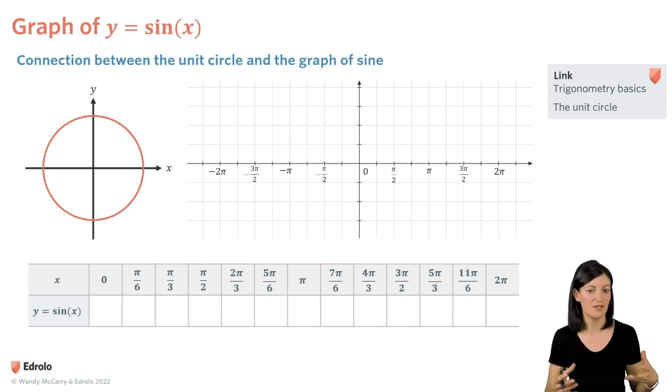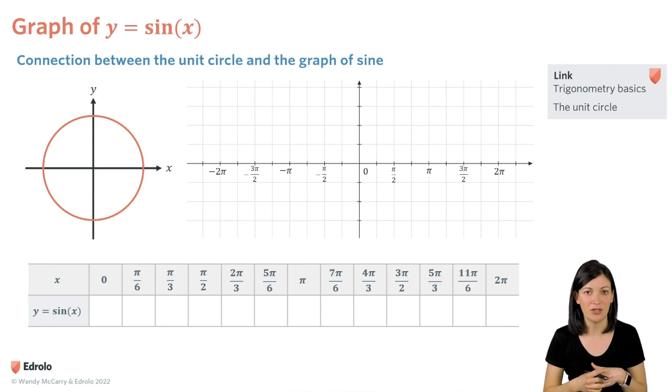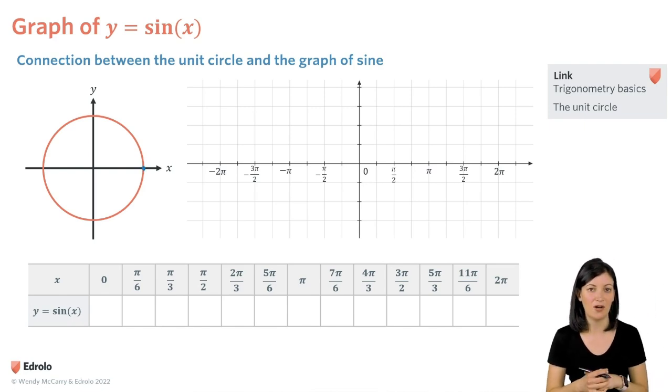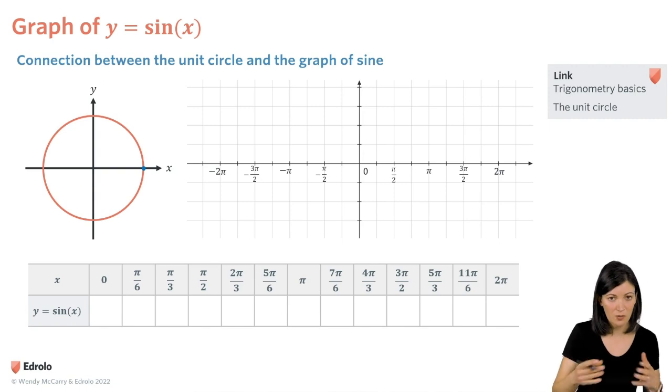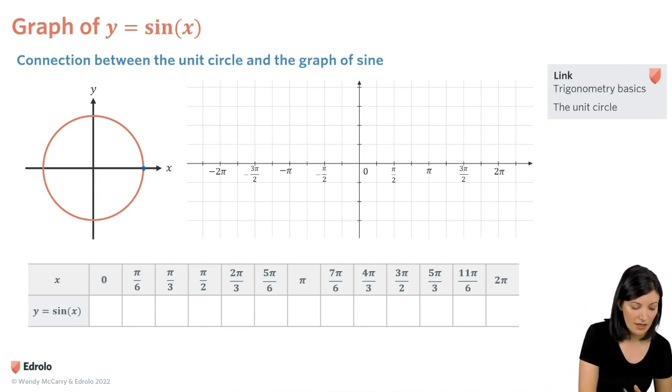We're going to graph this using our knowledge of the unit circle and a table of values to get some key points on this graph. If you remember, when we talked about the unit circle, we looked at any point P on the unit circle. If I start with the first point that's on the x-axis, that's the point (1, 0).